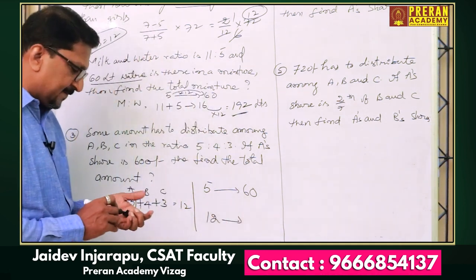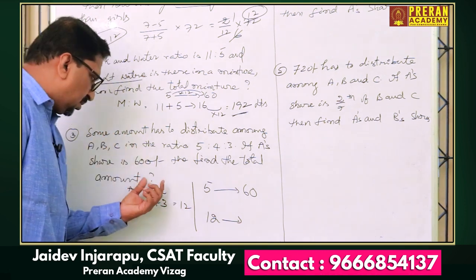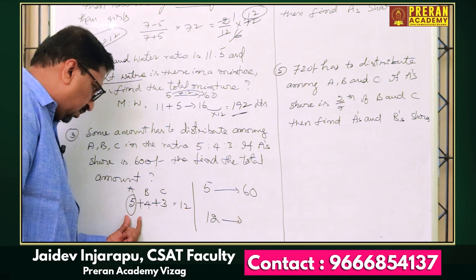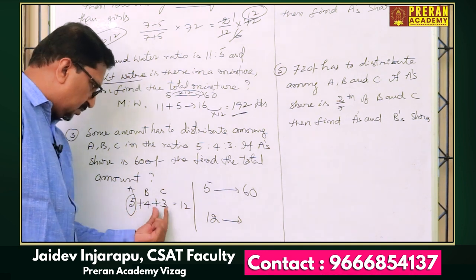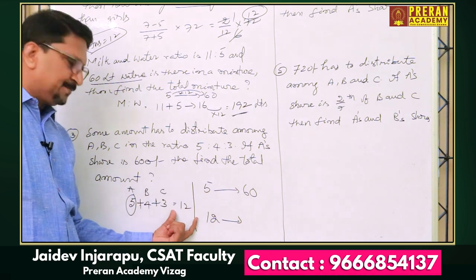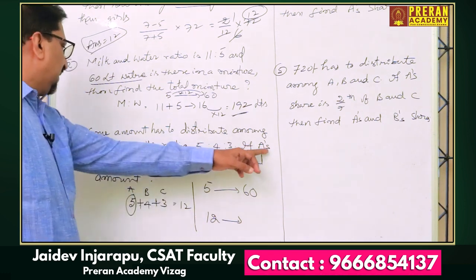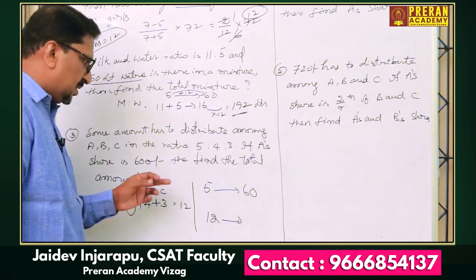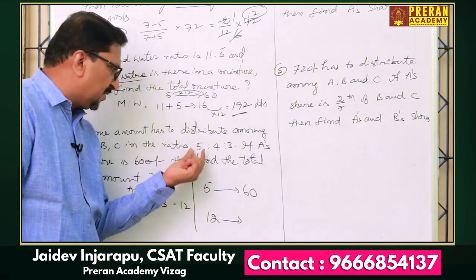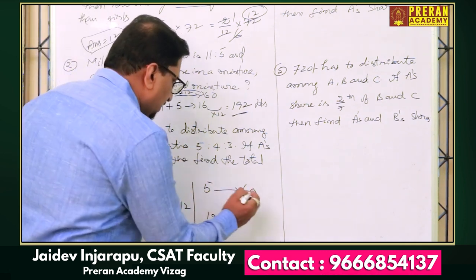I am repeating once again. The amount which we are going to distribute in this ratio 5:4:3, totally 12 parts amount is there. Now he has given if A's share is 600, that means A's how many parts? 5 parts. This 5 parts is 600.